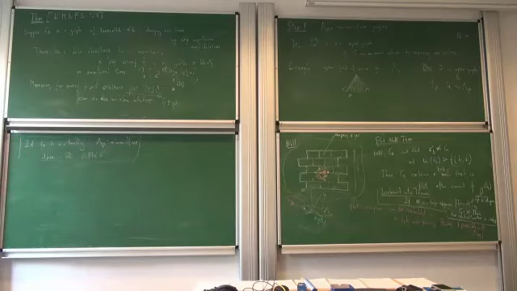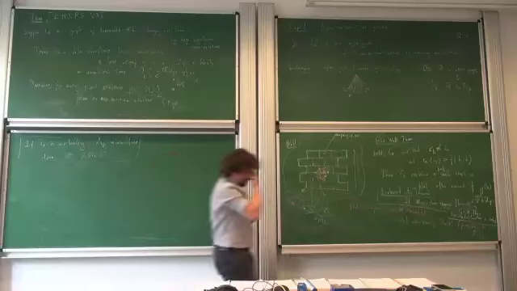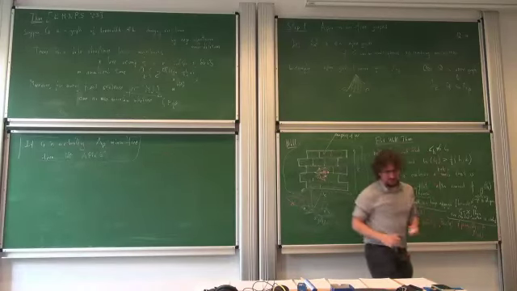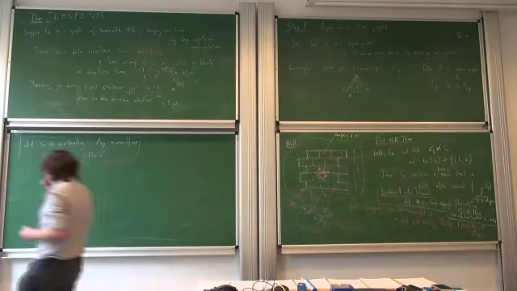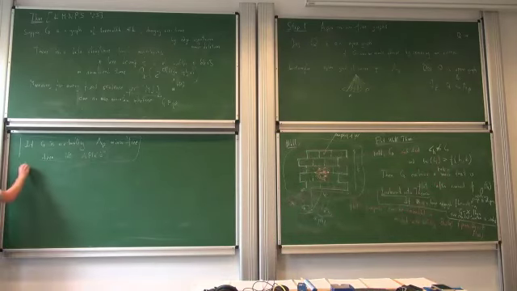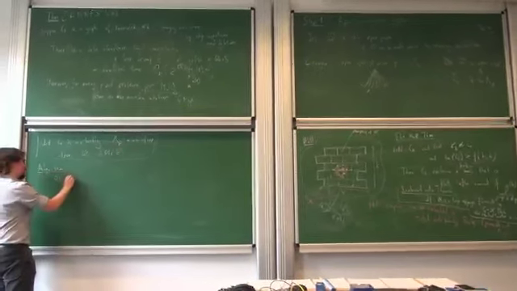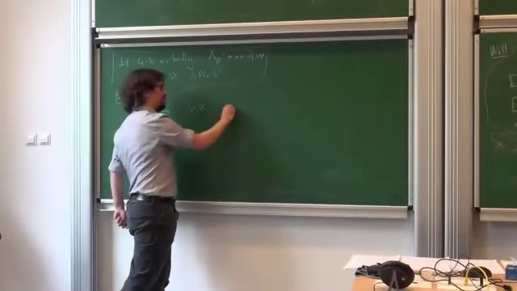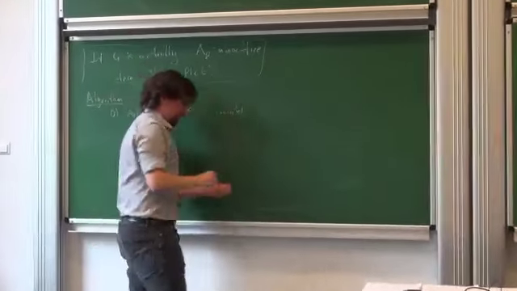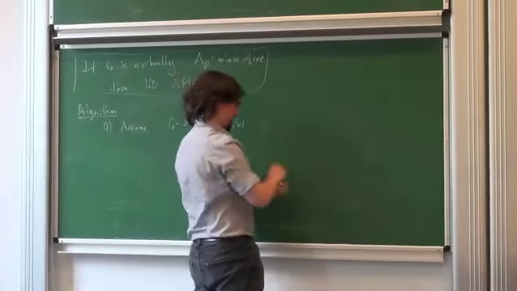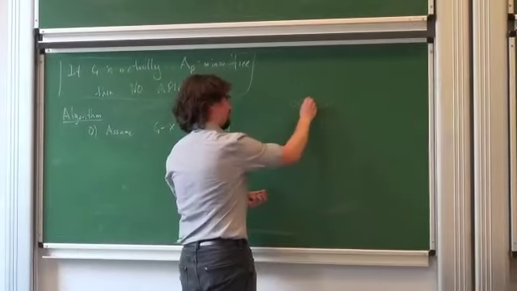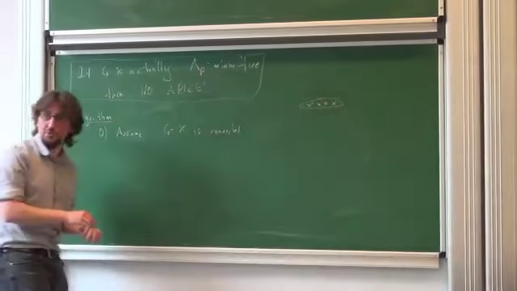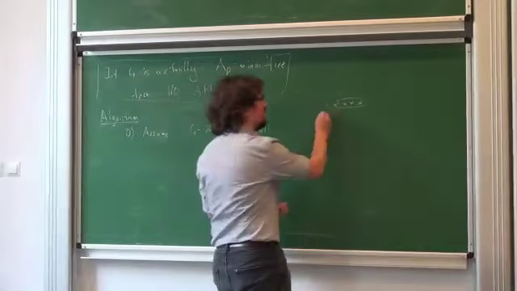Okay, so now we have all the ingredients to do the stuff on apex-minor-free graphs. The algorithm is as follows. First of all, point 0, assume G minus X is connected. Recall that our graph looks like this: we have a small set of roots whose folio we want to compute, and here we have the rest of the graph.